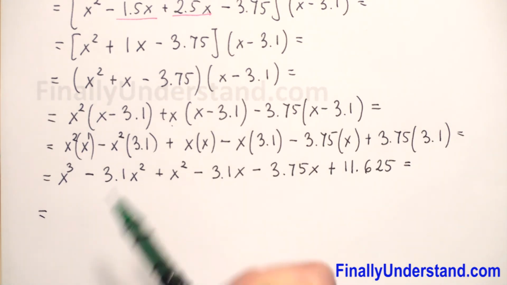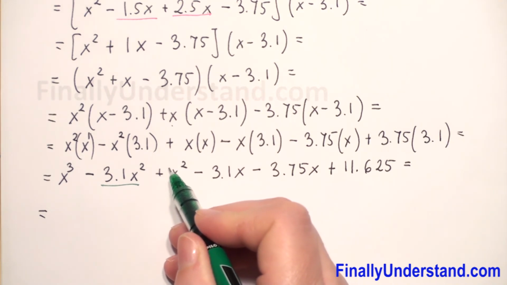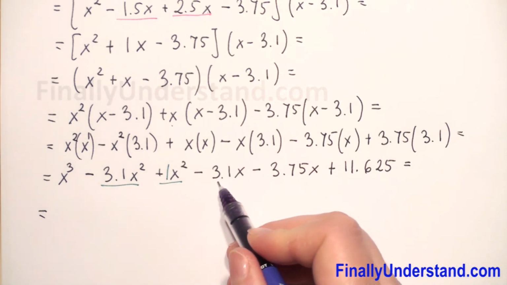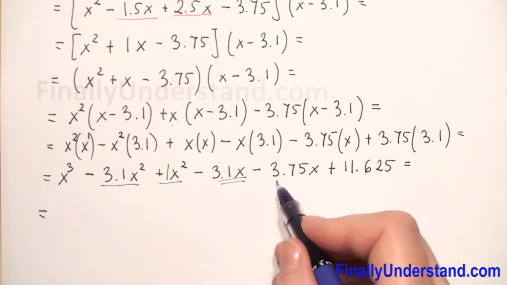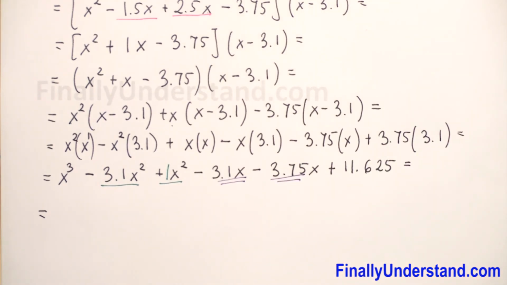We have negative 3.1 x squared, and here is an invisible 1 x squared. What else do we have? We have negative 3.1x and negative 3.75x. The rest we have to rewrite.